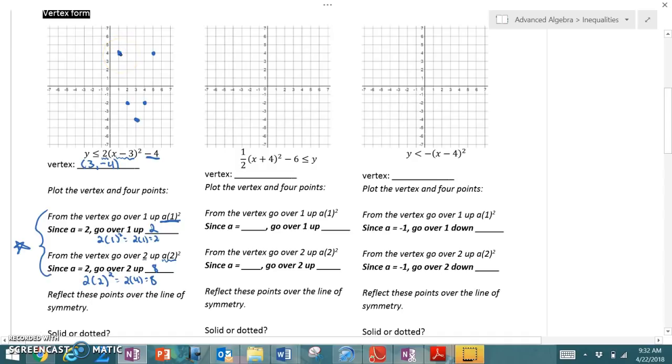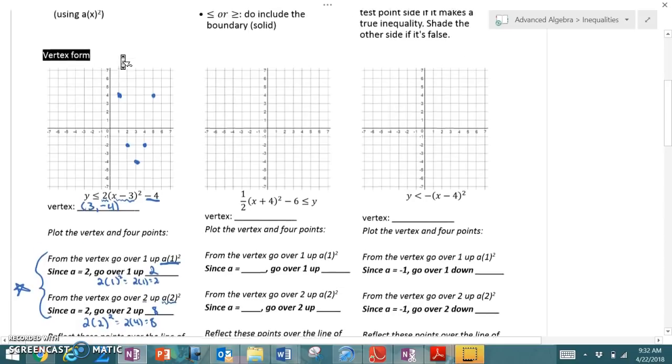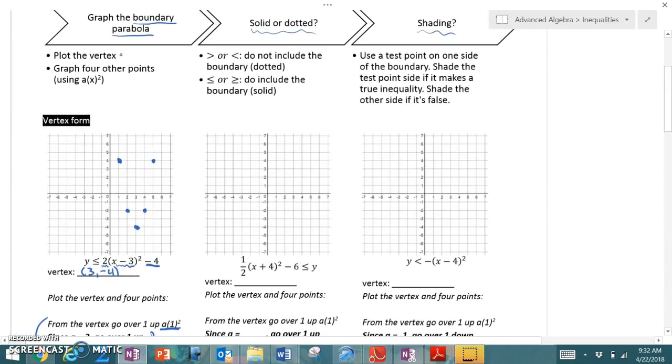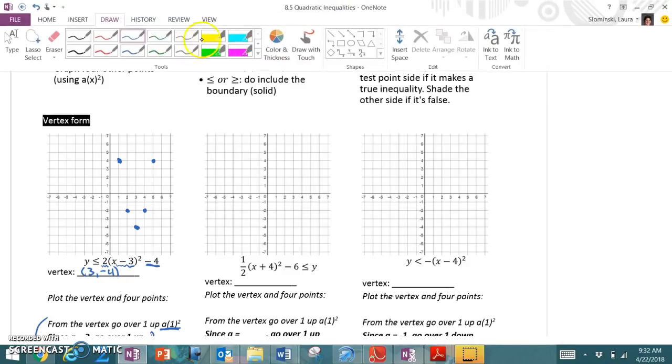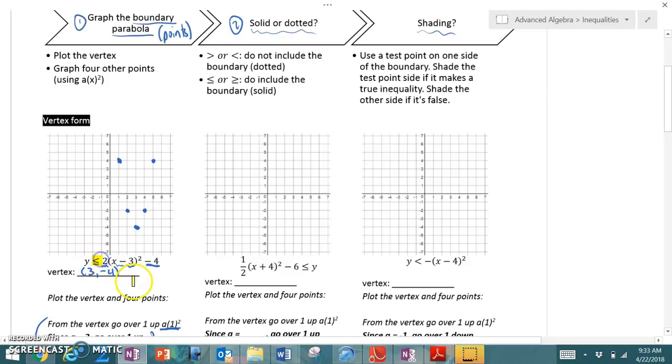Okay? So now, when we look at this, we graph the boundary of the parabola. Remember, step 1 is just the points for the boundary. Okay, just like on the line. Step 2 is we decide if it's a solid or dotted parabola. Remember, in order to figure that out, we look at the symbol. Because it is less than or equal to, it's going to be solid.